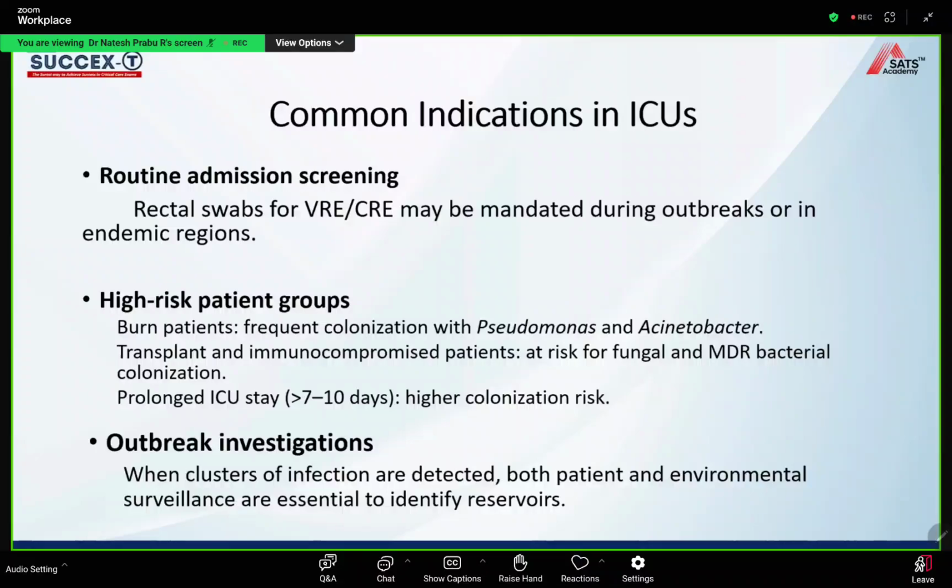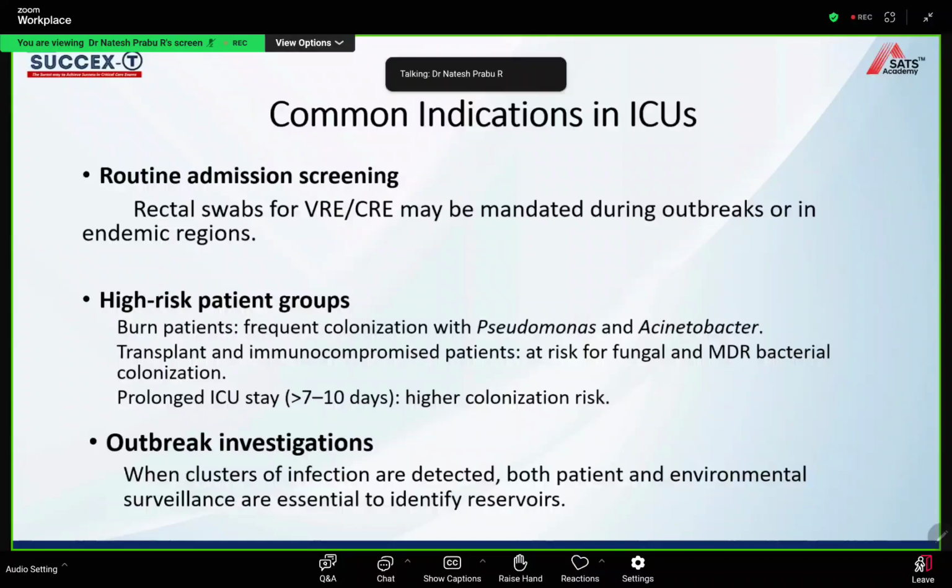In higher-risk patient groups like burns patients, transplant or immunocompromised patients, or those having a prolonged ICU stay, you can use surveillance cultures. Outbreak investigations and environmental surveillance are also essential.